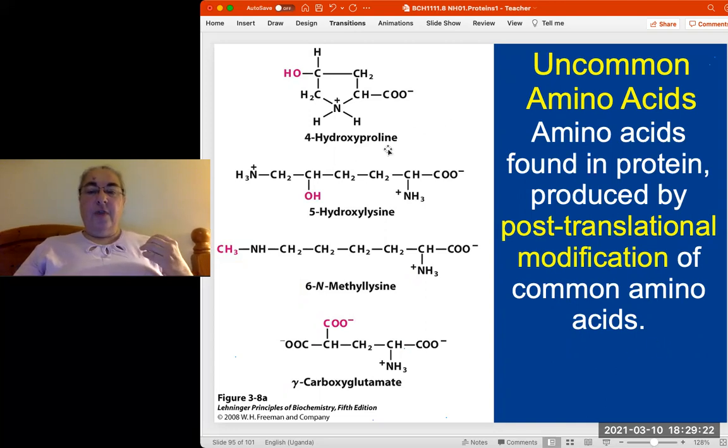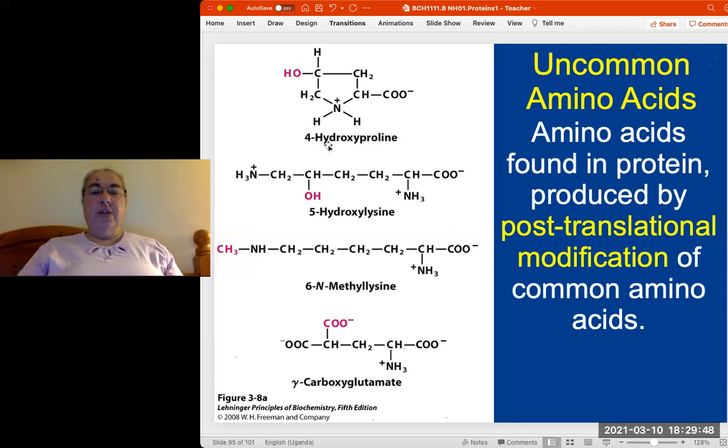A lot of uncommon amino acids are made by a modification of a common one. You can see here that each of these has one of the familiar names, proline, lysine, or glutamate as part of its name, but something else added to show that something in the molecule has been changed.